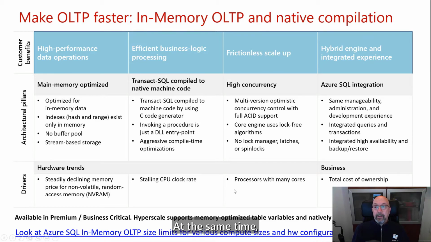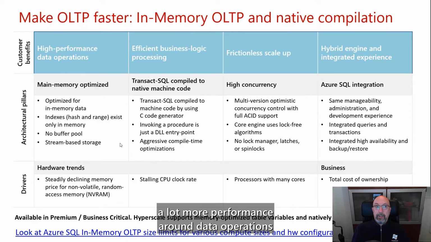At the same time, from an architectural pillars perspective, by moving a lot of our workloads to in-memory and having the data engines getting more and more optimized, the entire stack can get a lot more performance around data operations as they are happening in memory.